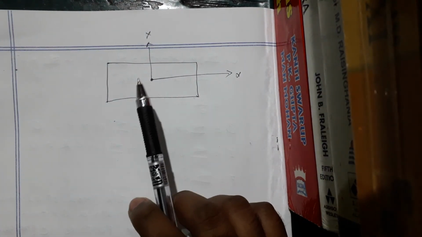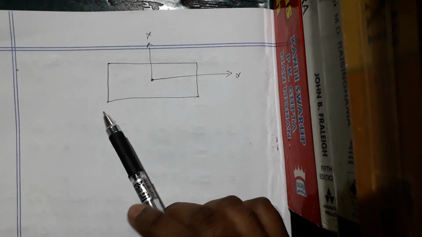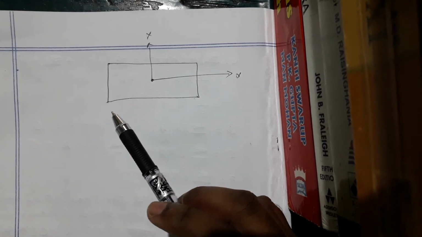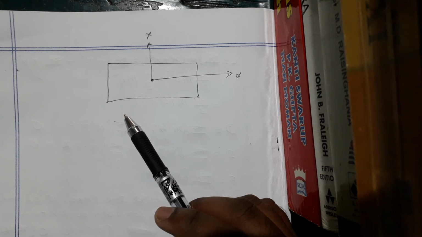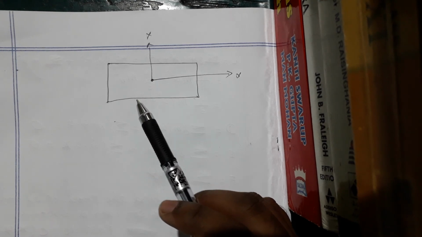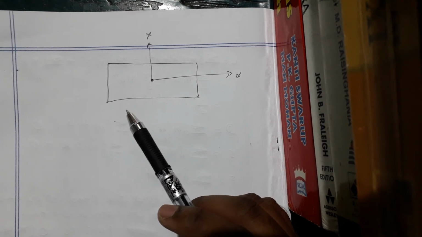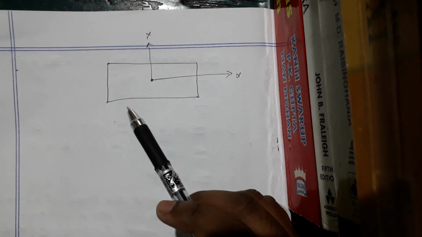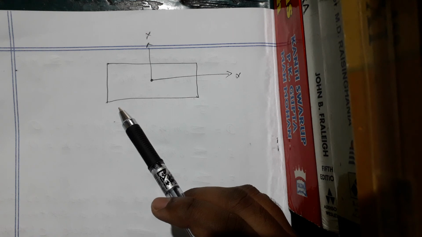The only difference is that wherever I have taken the limit 0 to 2b, you can take minus b to b, and where I have taken 0 to 2a, you can take minus a to a. The others will follow the same way as I have done. So please do this question, and if you have any doubt, you can ask me. Thank you.